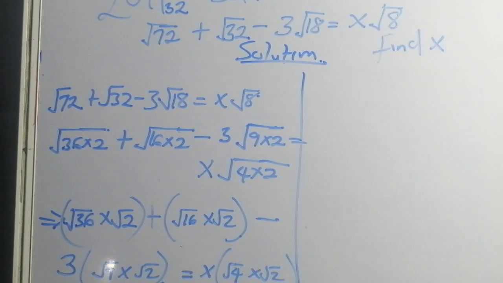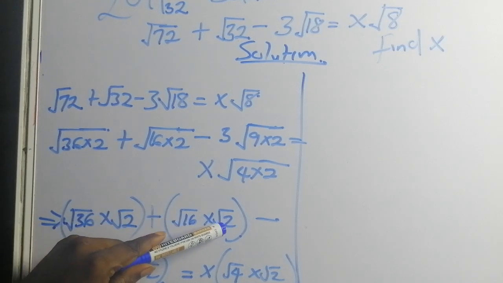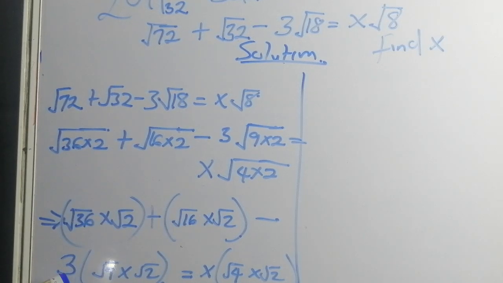I'm only splitting the square root into root 36 times root 2, root 16 times root 2, 3 root 9 times root 2, and x root 4 times root 2. It's as simple as that.